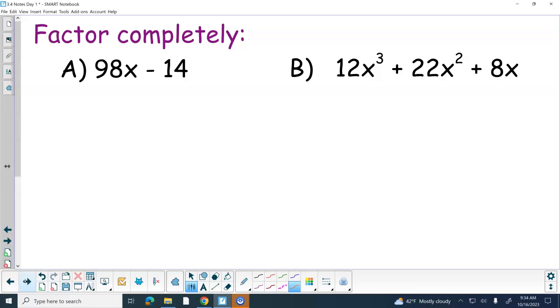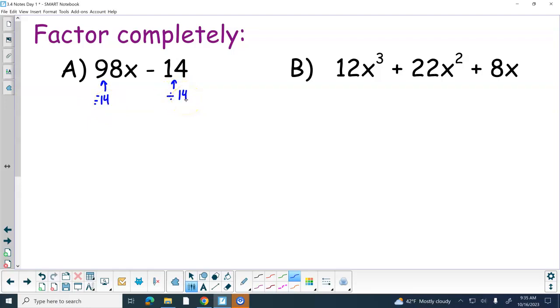Is 98 divisible by 14? By 7? Because we could divide them both by 7, but you're saying we can divide them both by 14. So we can divide here by 14, and here by 14.